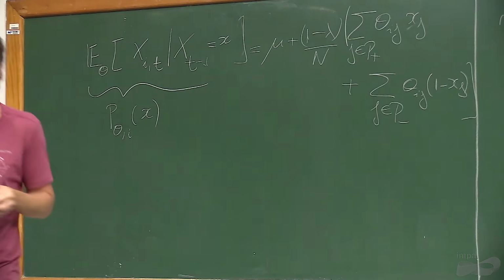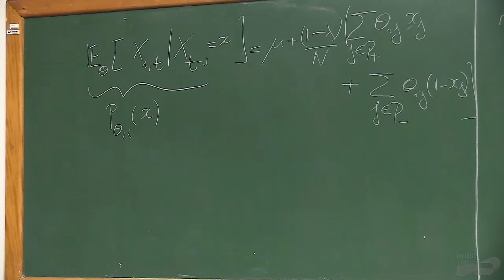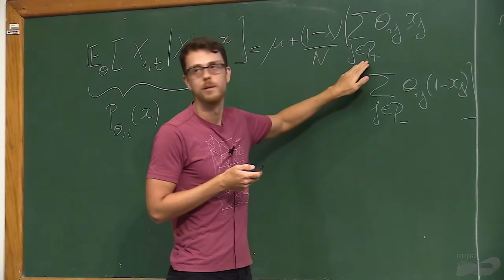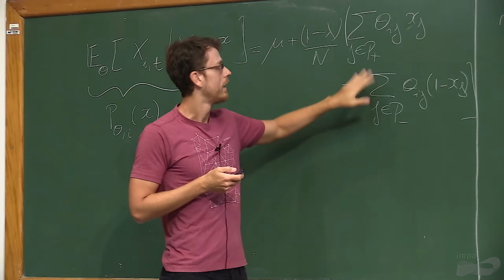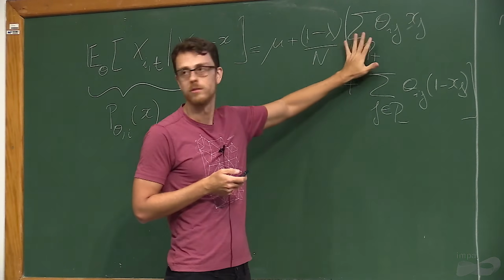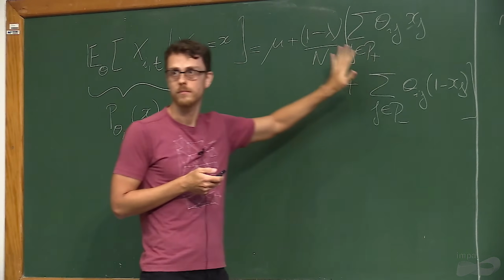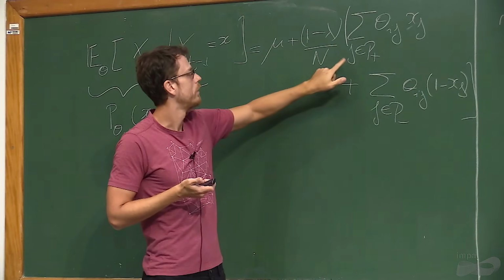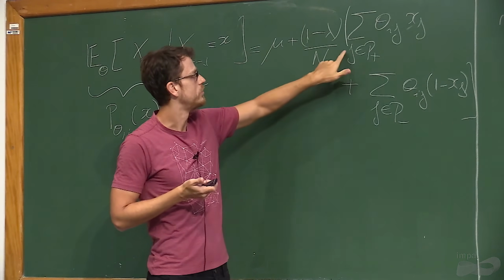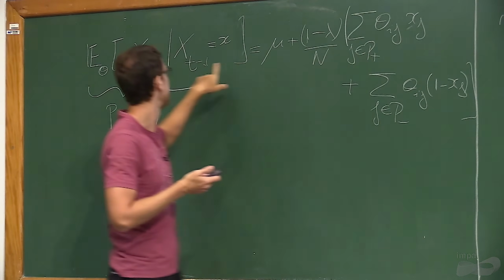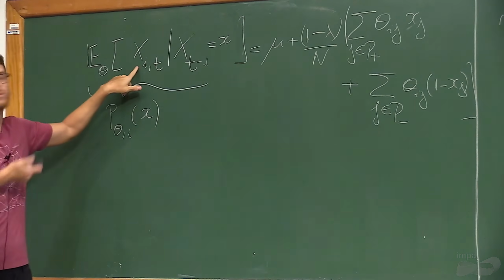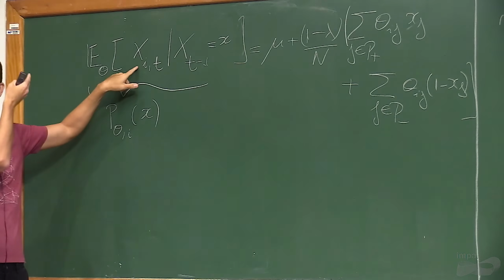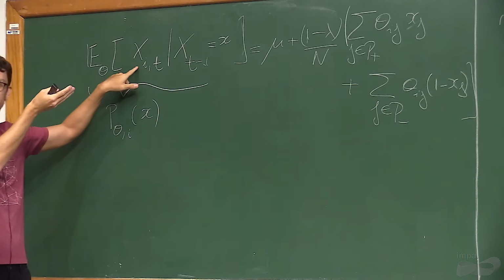If I take a vertex j and want to know whether it is in P plus or P minus, this information is already reading here. I think you all agree with me that if j has a 1 at time t minus 1, this should increase the chances of observing a 1 for vertex i at time t, right?